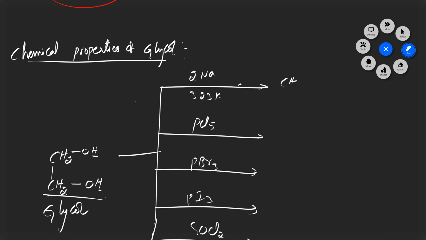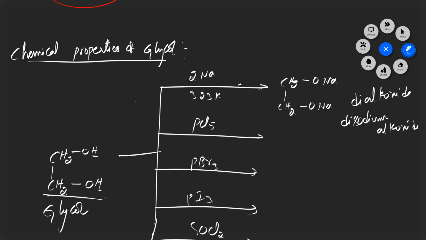It forms CH2ONa and CH2ONa. The name of this one is dialkoxide or disodium alkoxide. So that is the product of sodium and glycol.